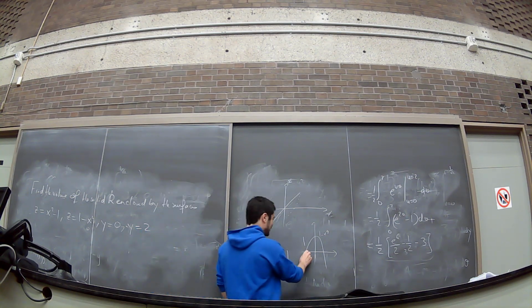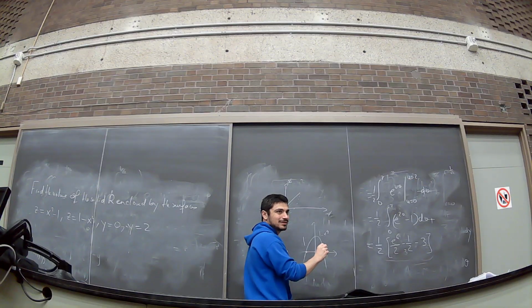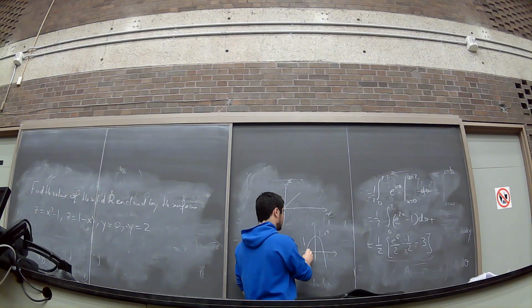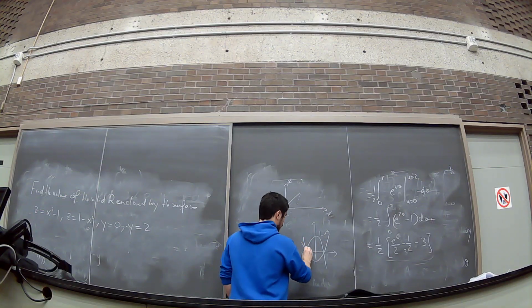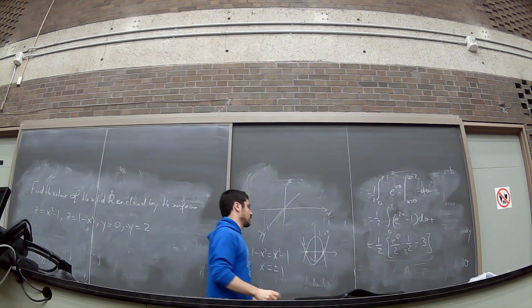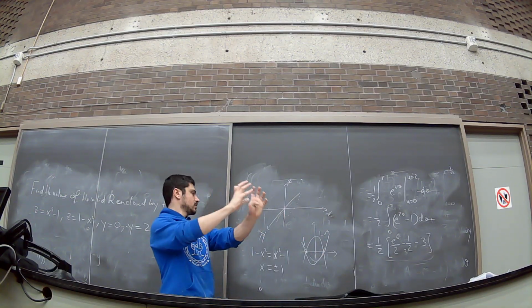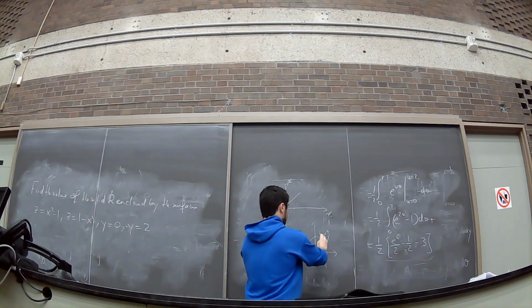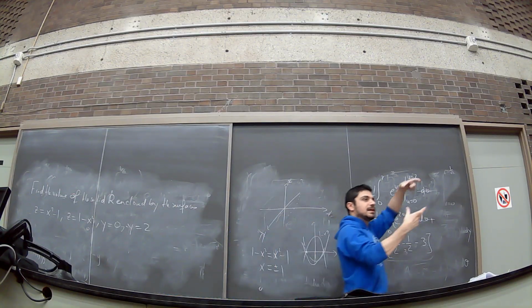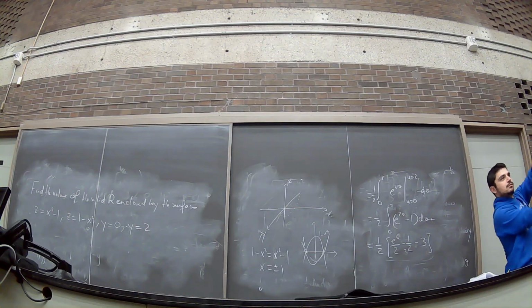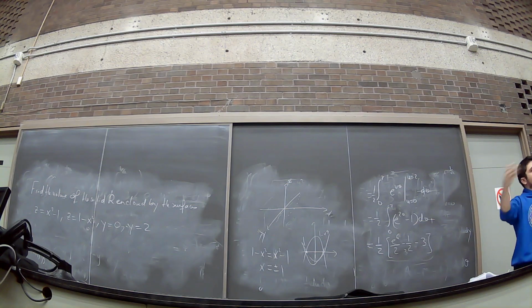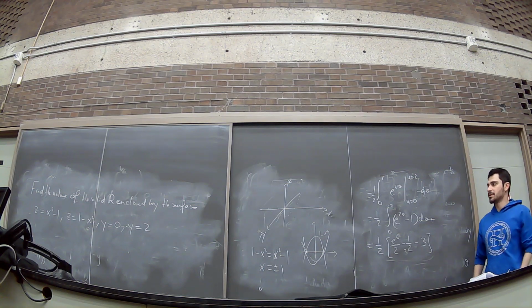Z is 0, sorry about that. I said z is equal to 1 before, but z is 0, that's when they intersect. They intersect at height 0, and you're just taking the volume of this thing that you get. So that's like an egg, and you take the volume between y equals 0 and y equals 2.